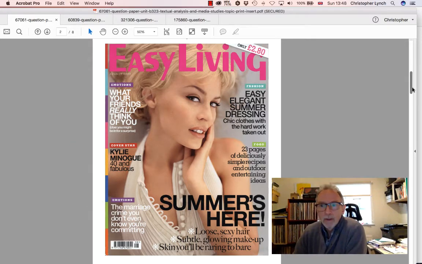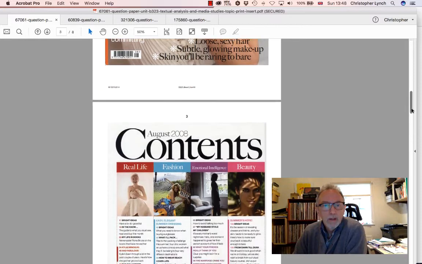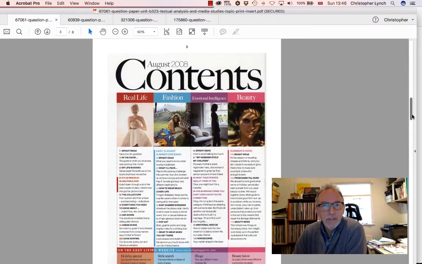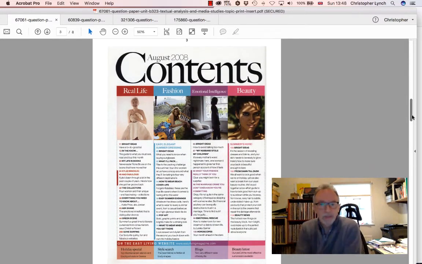This is page 2. And typically in the exam you're going to get a contents page, or maybe even 2 contents pages. So it's kind of important to notice that you've got these large headings here: real life, fashion, emotional intelligence, and beauty as sort of key topics that define the kind of woman or the kind of femininity that this magazine is representing.